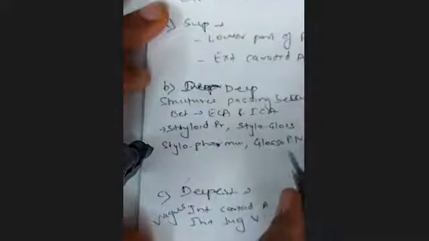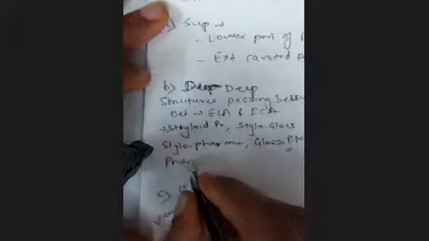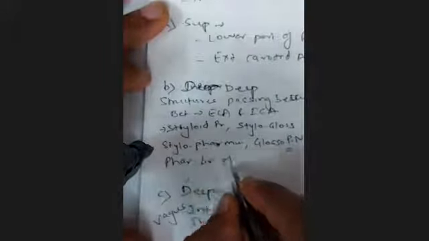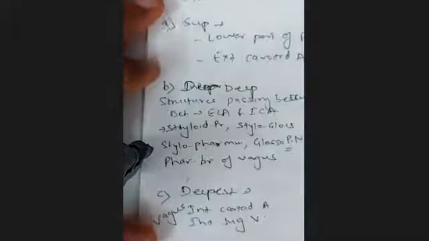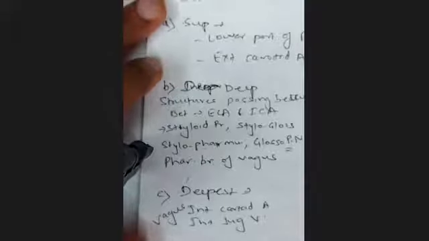Pick up the word pharyngeal: pharyngeal branch of vagus, and some part of parotid.